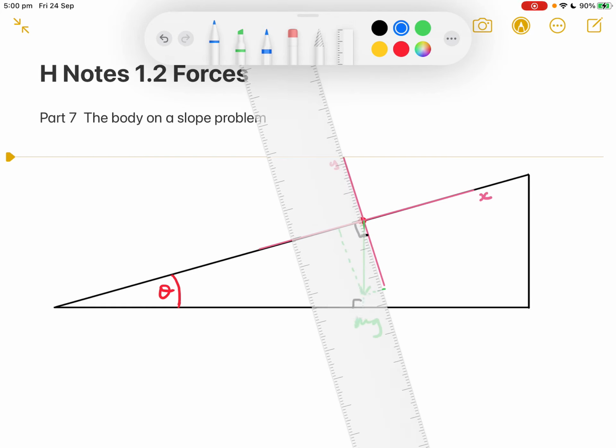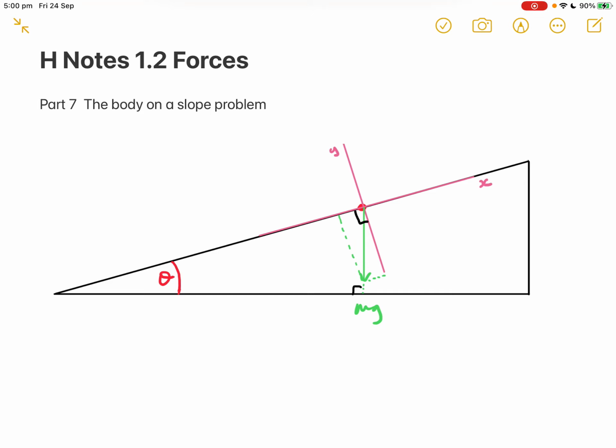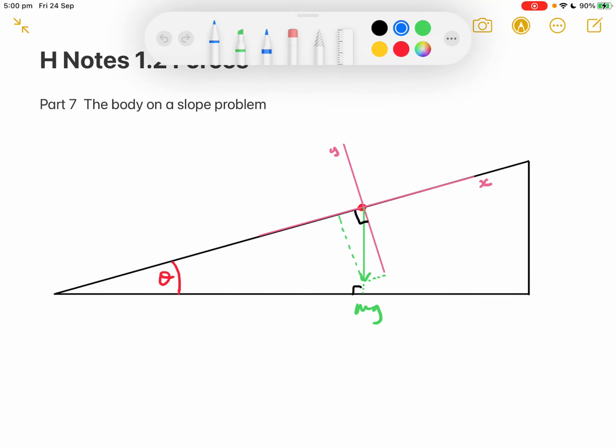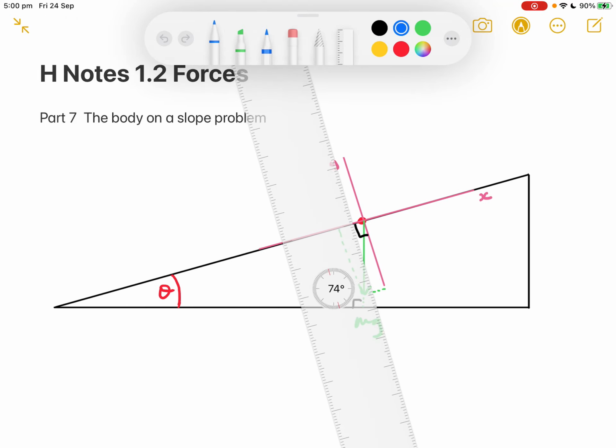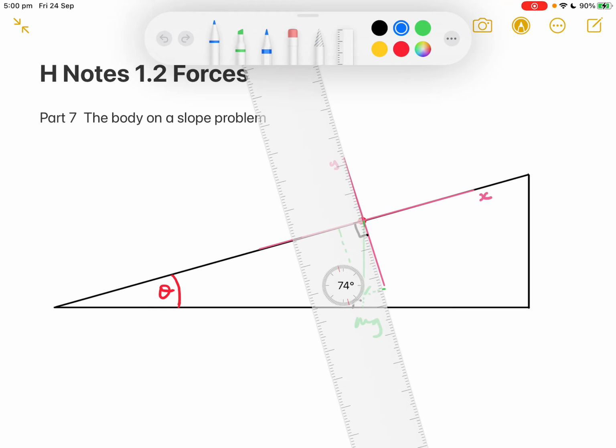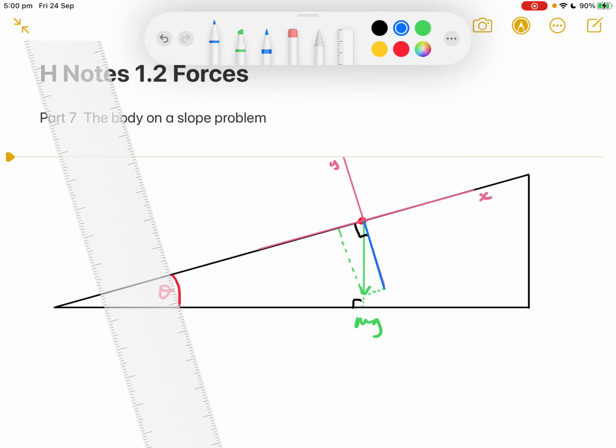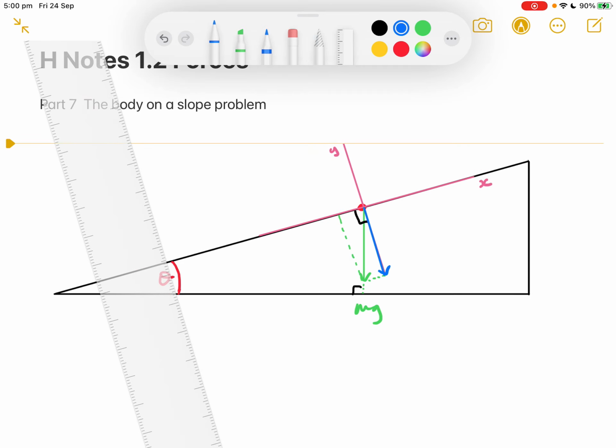So here's the component along the y-axis. That would be basically mg.